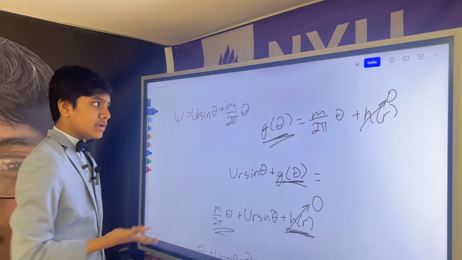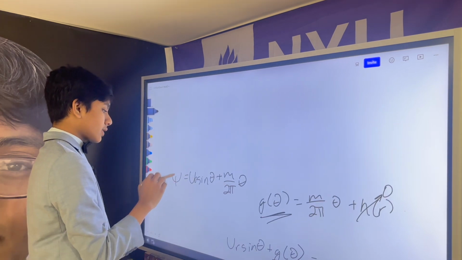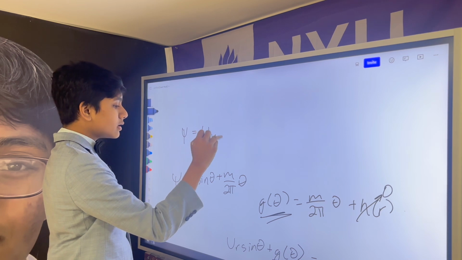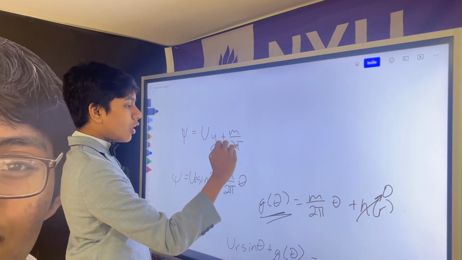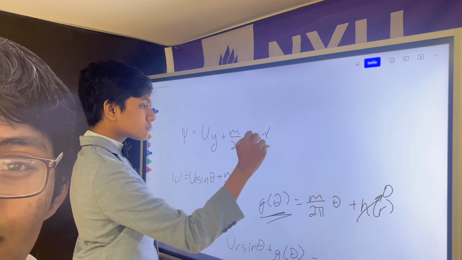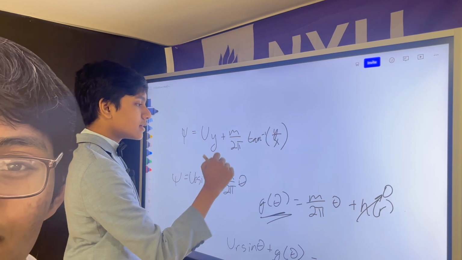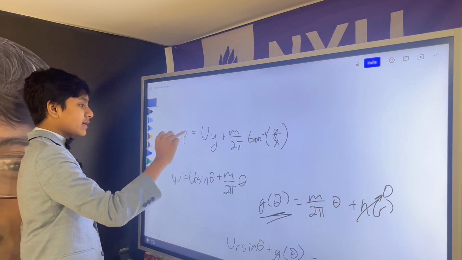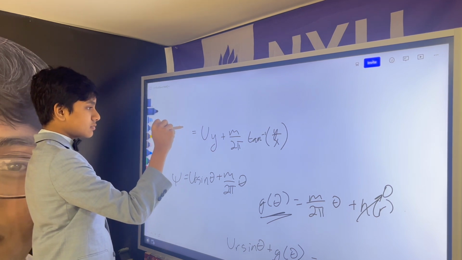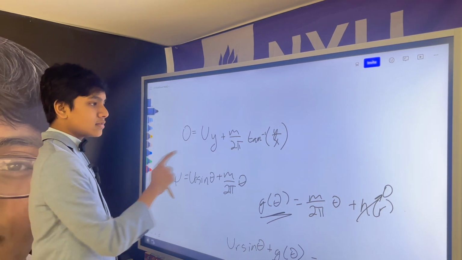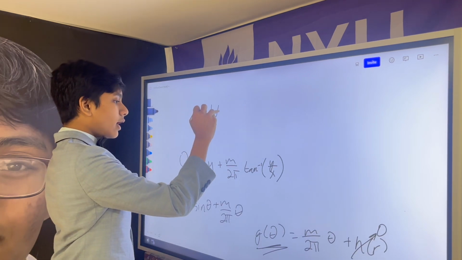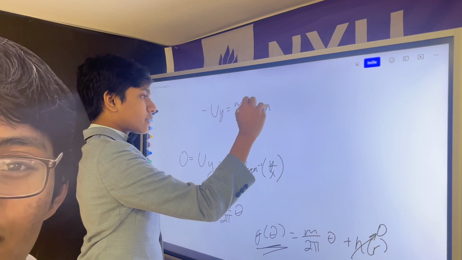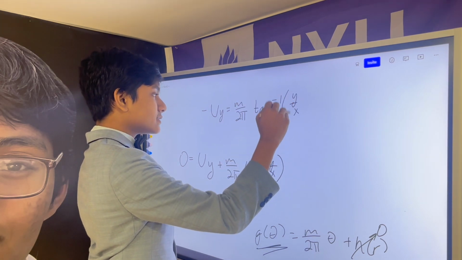What now? Well, we convert back to regular coordinates. Psi is equal to uy plus m over 2 pi arctan y over x. Now all we need to do is set psi equal to 0. And what do we get then? Minus uy is equal to m over 2 pi arctan y over x.